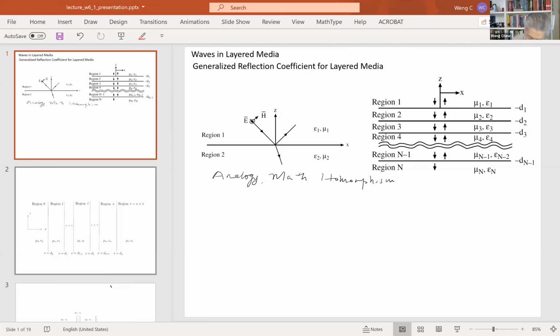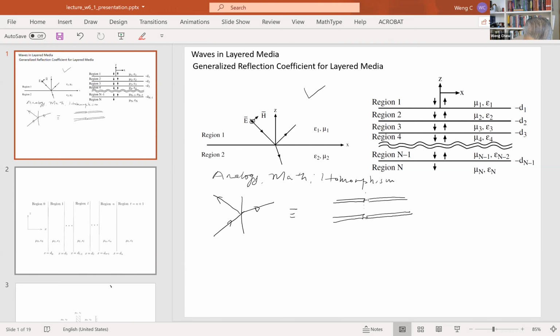In the last lecture, we showed that if we have a single interface reflection problem like what I have shown here, you have a wave coming in and reflected and transmitted, and that with proper scaling of variables, you can show that this problem is actually homomorphic or analogous to a transmission line problem with a single junction.